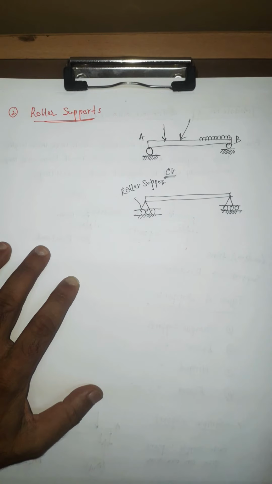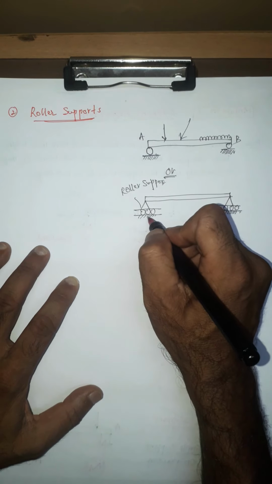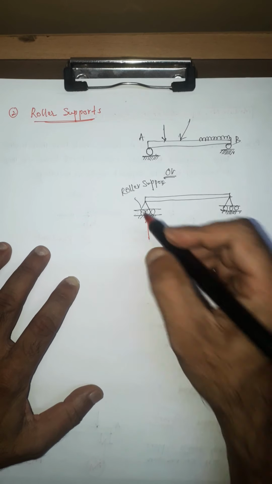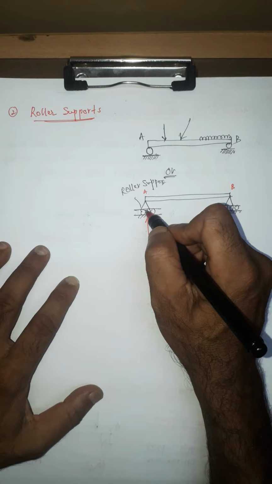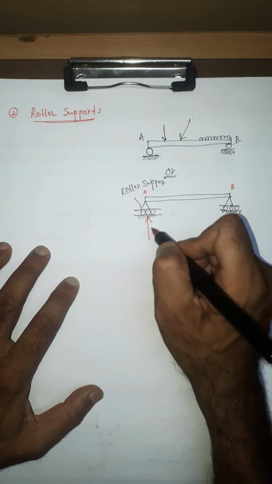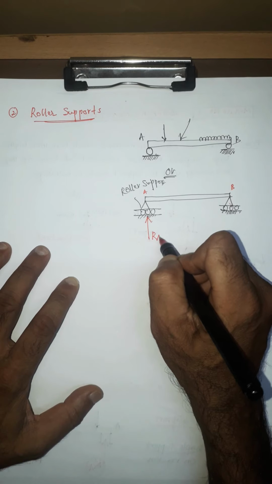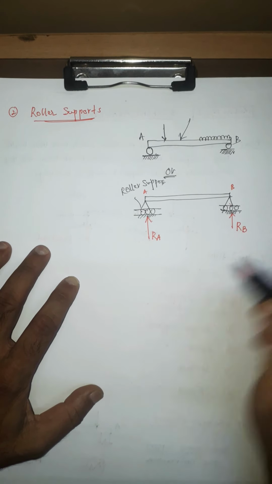And as we know, the roller support will also give one reaction. So at A there is a roller support, and at B there is also a roller support. Each roller support will give one reaction. This is reaction RB.